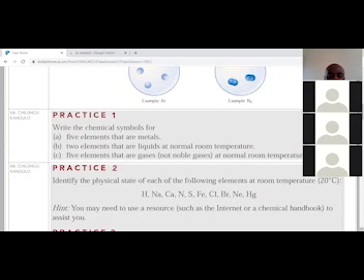Group 3 also has metalloids, so you must be a bit careful. For 5 elements that are gases, you must remember hydrogen, oxygen, nitrogen, chlorine, fluorine.